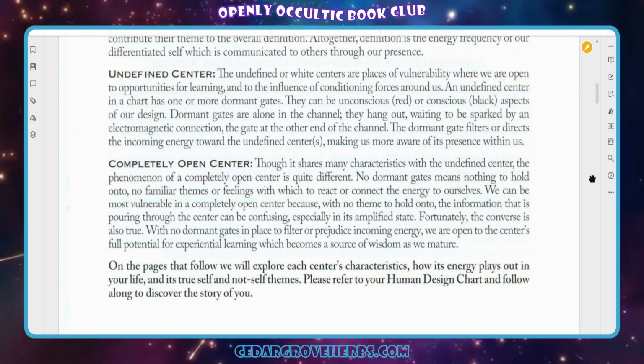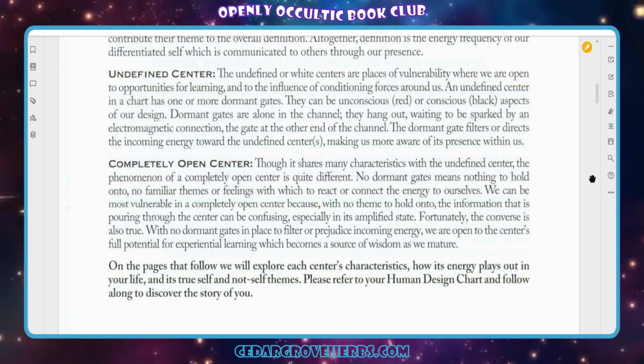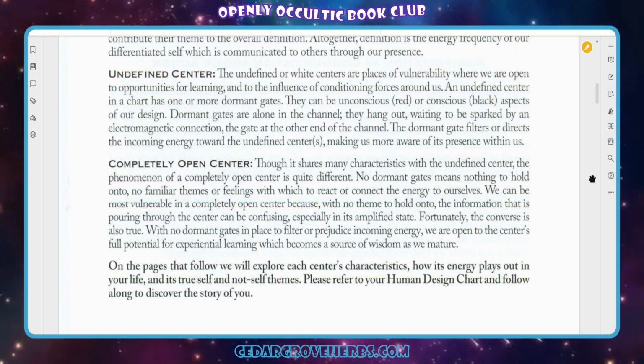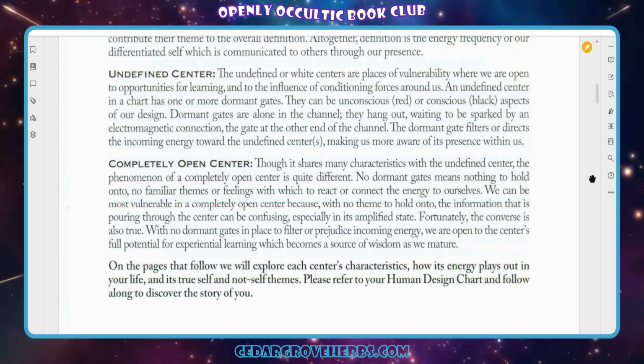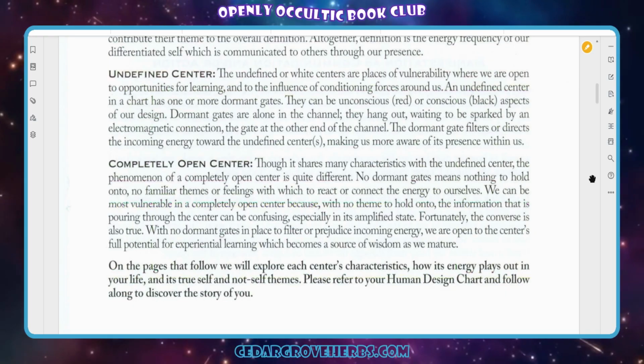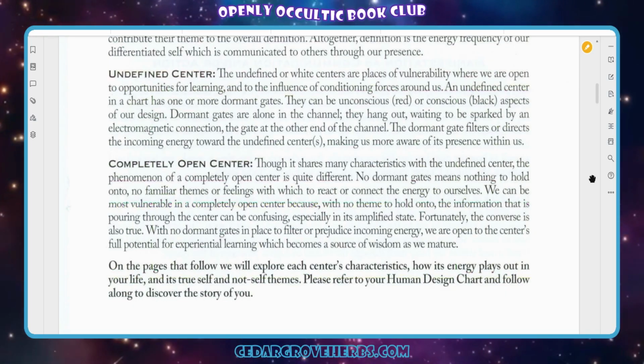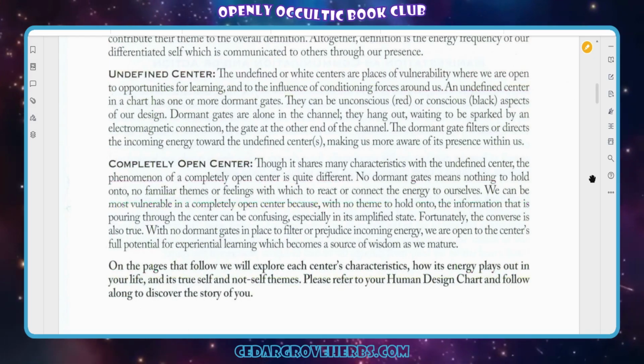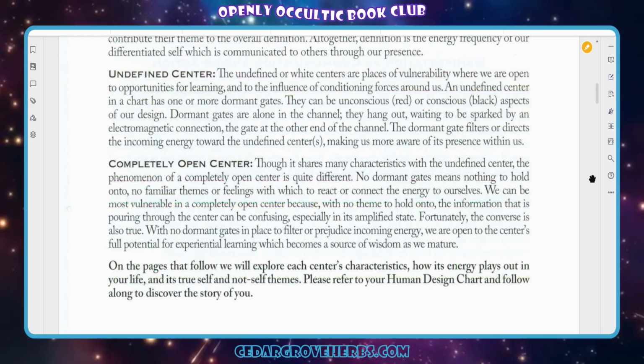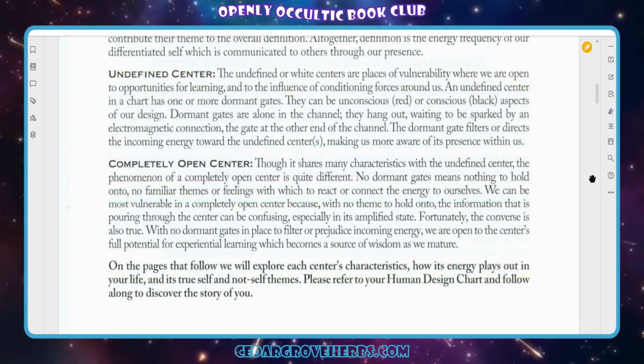We can be most vulnerable in a completely open center because, with no theme to hold on to, the information that is pouring through the center can be confusing, especially in its amplified state. And open centers will always bring amplified energy.